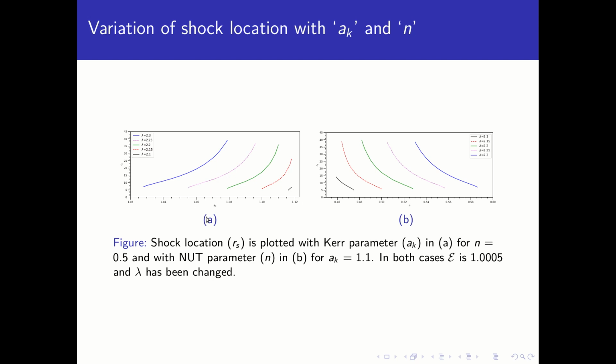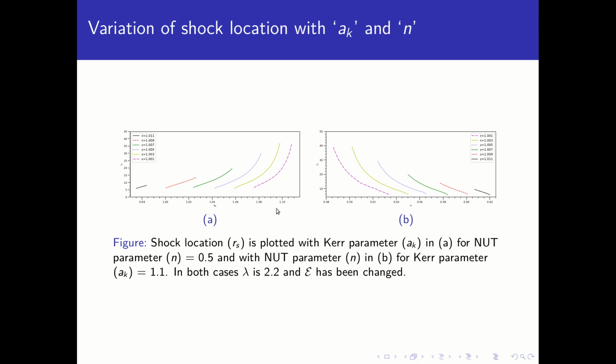In the first figure we see that as the spin parameter increases, the shock location also increases, meaning the shock forms farther from the black hole. But as we increase the Nernst parameter, we see the shock goes to the inner side of the black hole. So the effect of the Kerr parameter and Nernst parameter is opposite on the shock location.